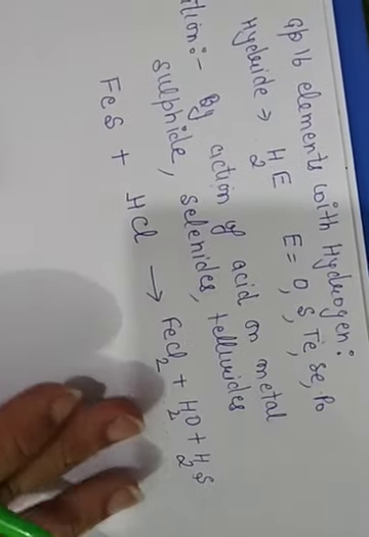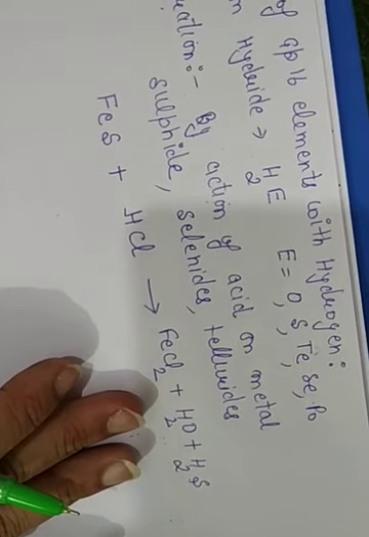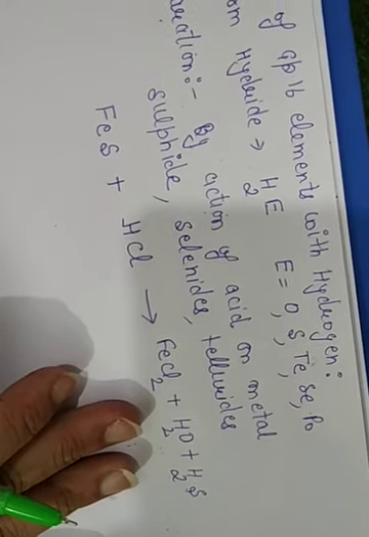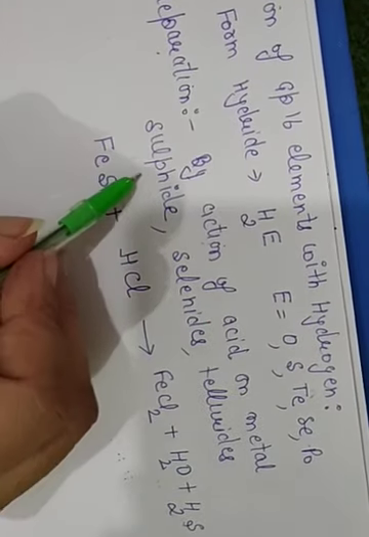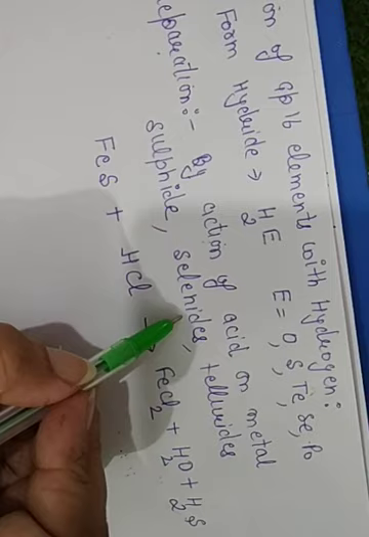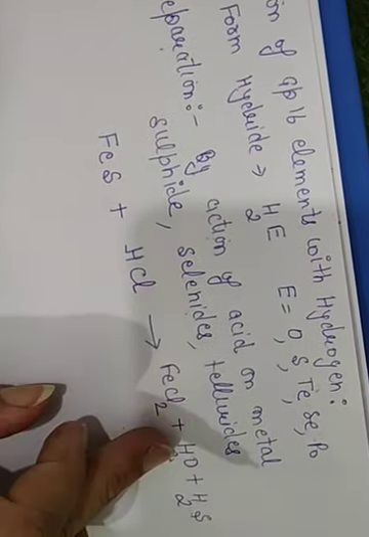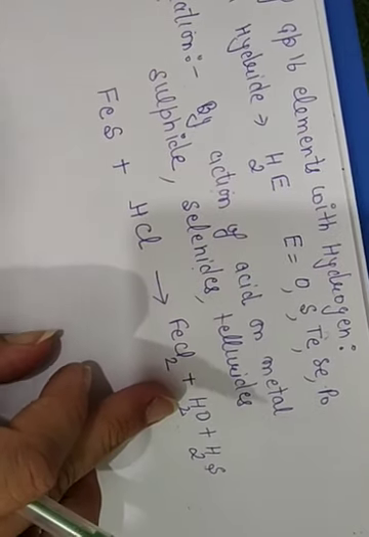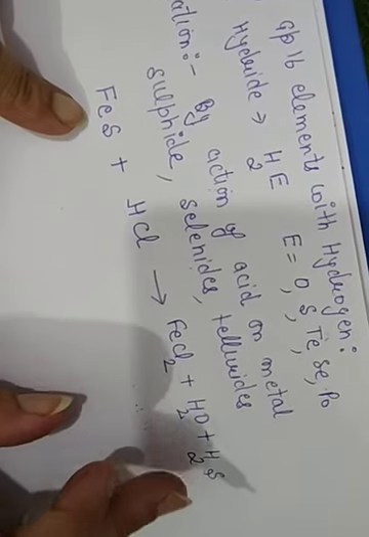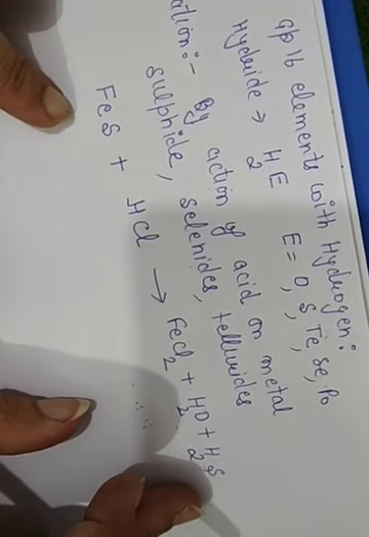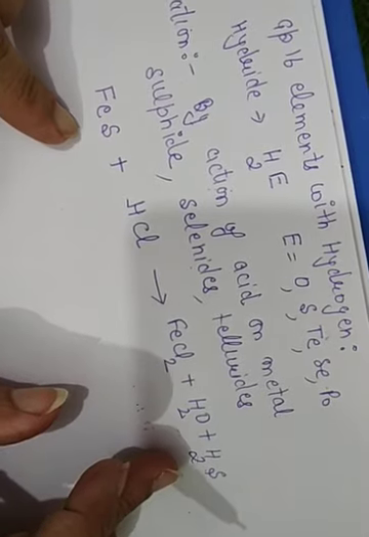Here two hydrides are formed. One is H2O and the second one is H2S. So this is the preparation, by the action of acid on metal sulfide, metal selenide, or metal telluride. H2O is formed in all the reactions. If you take sulfide, then H2S is formed. If you take selenide, then H2Se is formed. If you take telluride, then it becomes H2Te.